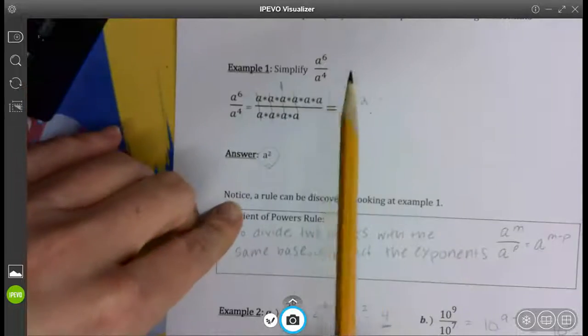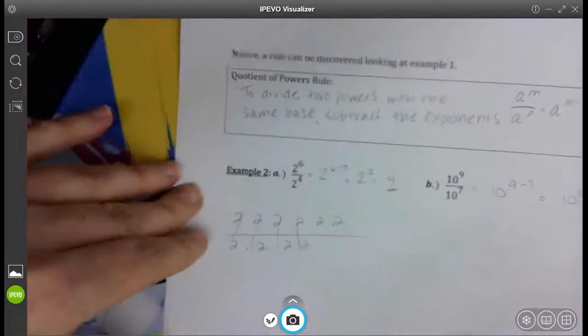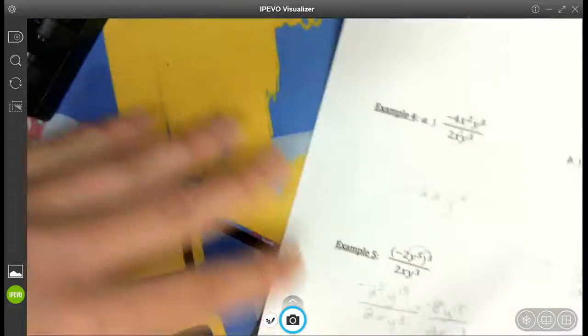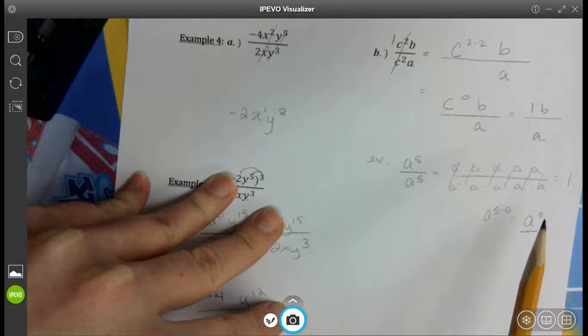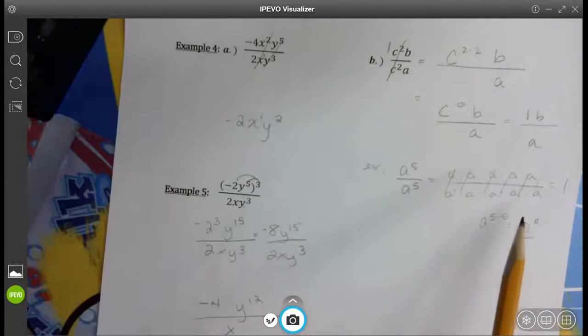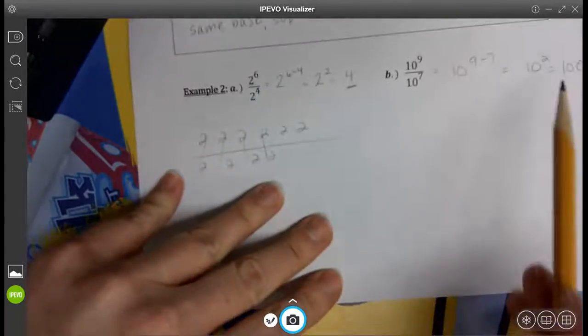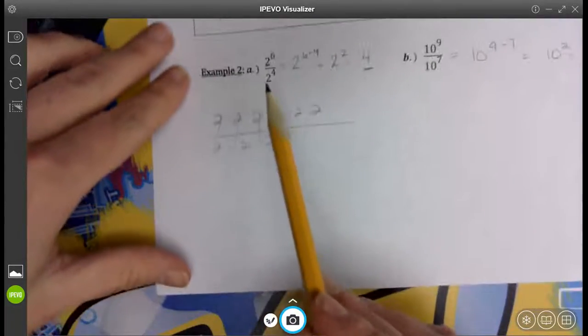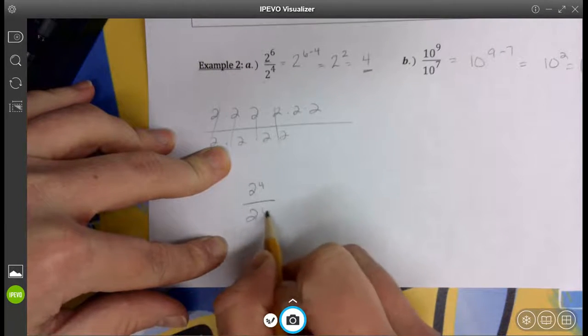Okay, so we simplified dividing with exponents by subtracting those exponents. We also talked about an amount raised to the zero power always being 1. One thing we didn't discuss was negative exponents. So for instance, what if this wasn't 2 to the 6 over 2 to the 4th? What if it was 2 to the 4th over 2 to the 6th?